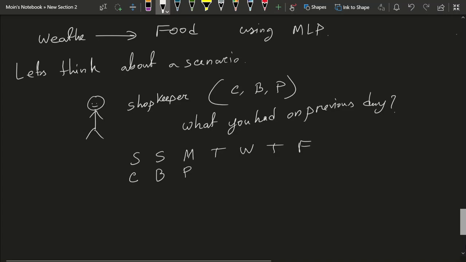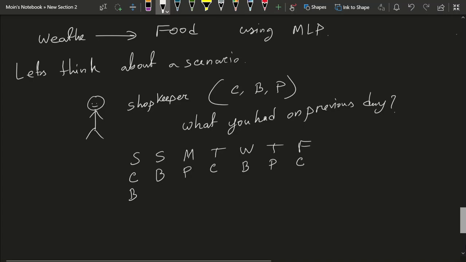Then on Tuesday, because all the items are finished, he reiterates the items: on Tuesday it will be chicken, then burger on Wednesday, pizza on Thursday, chicken on Friday, and the next Saturday it will be a burger.